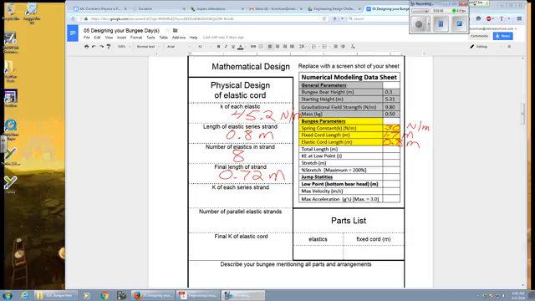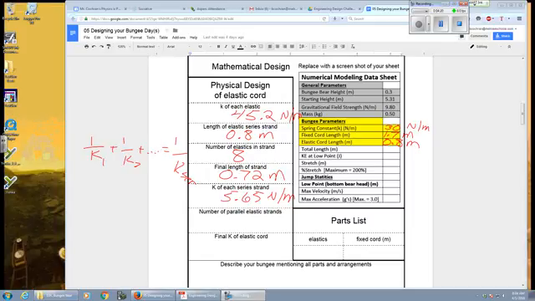So 8 rubber bands of 45.2 newtons per meter in series means each strand has a K of 5.65 newtons per meter. And I used our good old 1 over K1 plus 1 over K2 plus 1 over K series that you guys did in earlier times. So each strand has a K of 5.65.